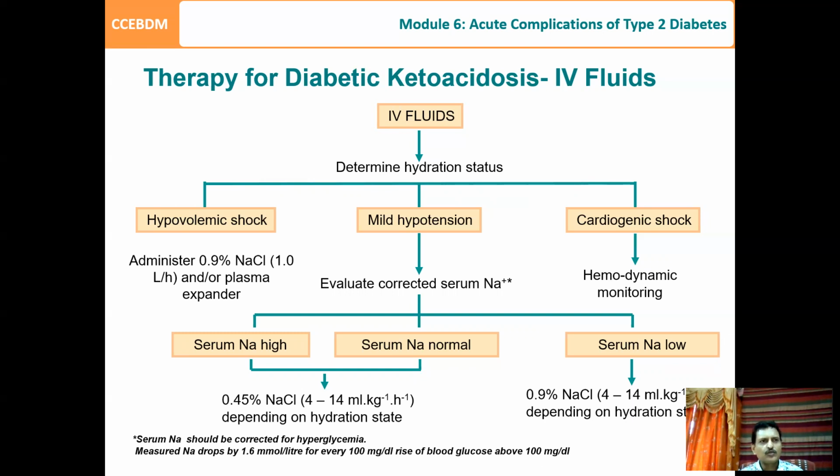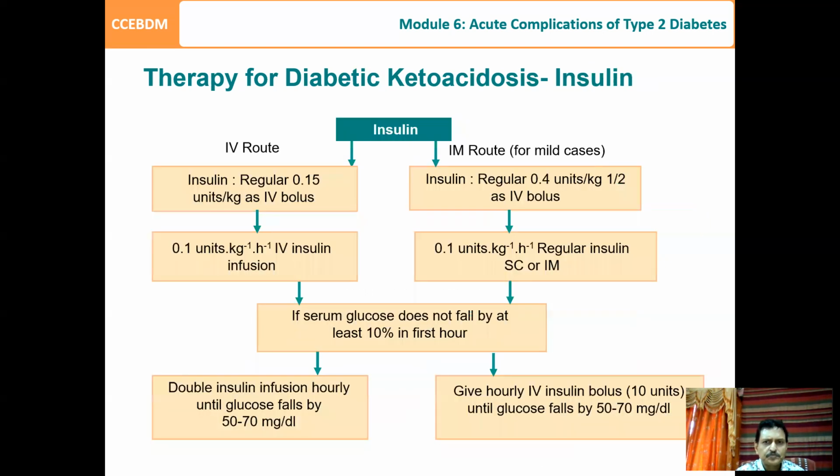Once the glucose value reaches say 200 to 250 milligram per dl, you have to shift the normal saline to dextrose saline, so that the patient will receive glucose as well. And you have to continue the insulin infusion even if it requires a very low dose.